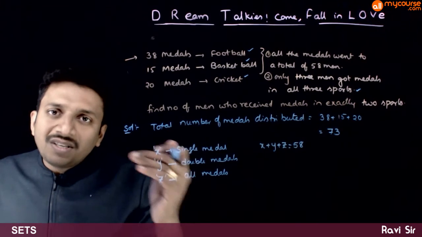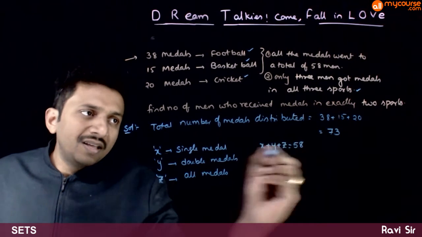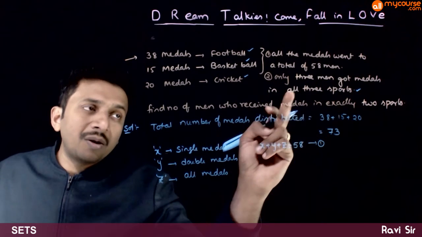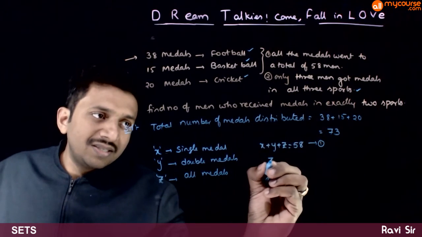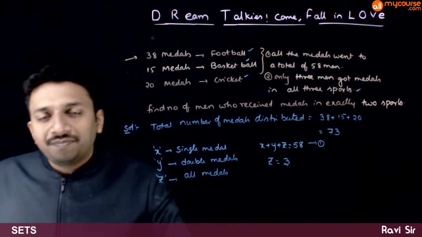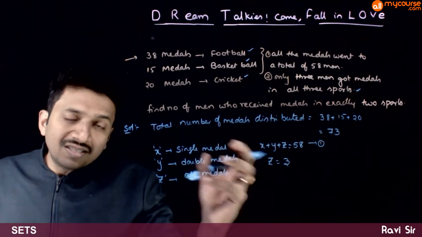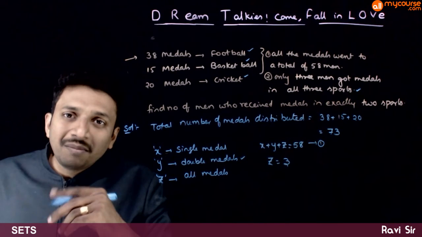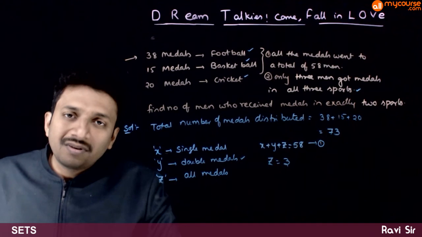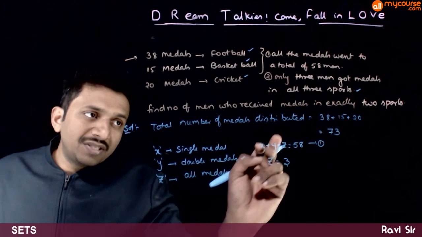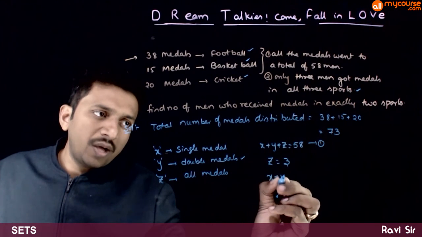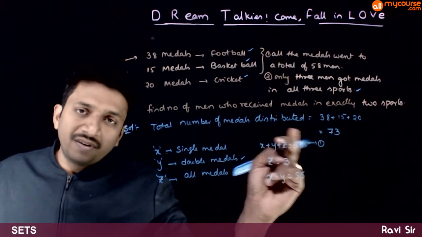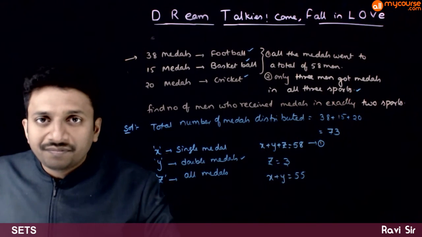The total number of these men is equal to 58. This is the first equation. And the second equation is that only 3 men got medals in all 3 sports, so Z is equal to 3. Now with this information, can you find the number of men who got medals in exactly 2 sports? I hope yes. If you put Z is equal to 3, you get X plus Y is equal to 55, right? If 3 goes to that side, you get 55.